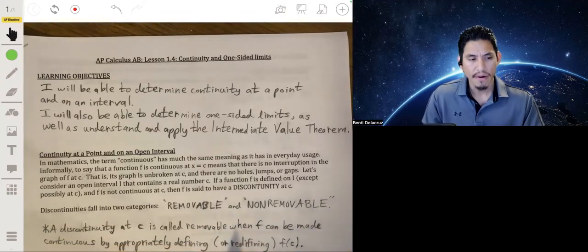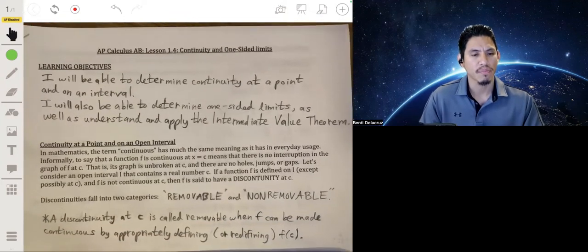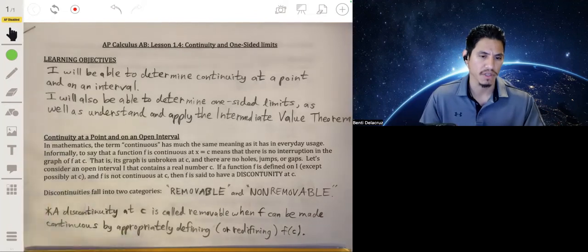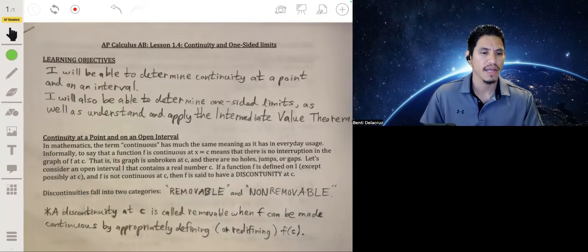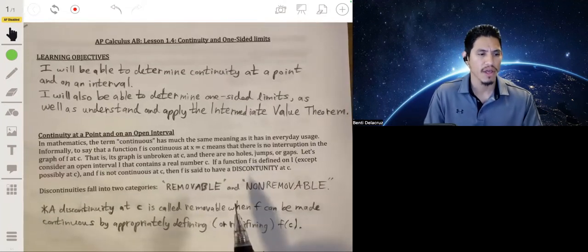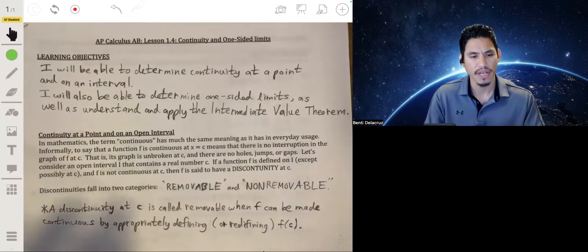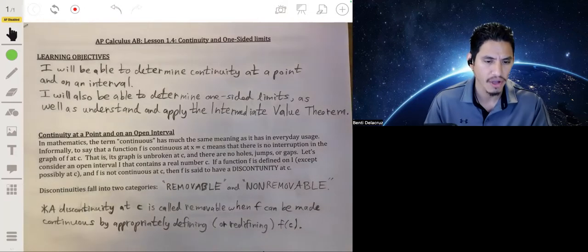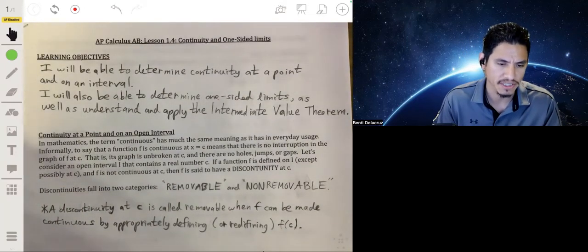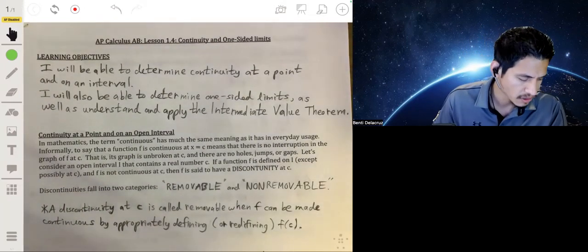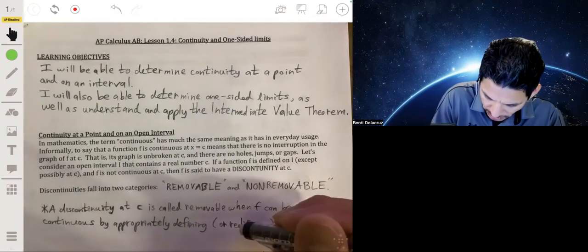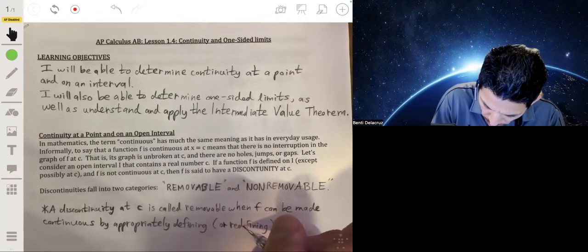We say it's removable if you can make the function continuous by defining or redefining the function at c, or f of c.